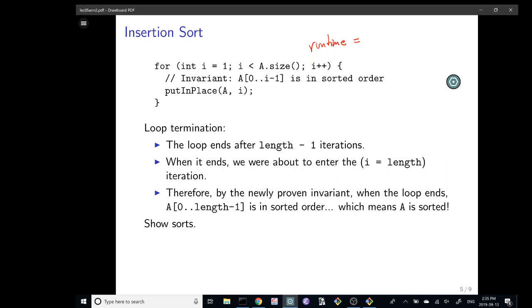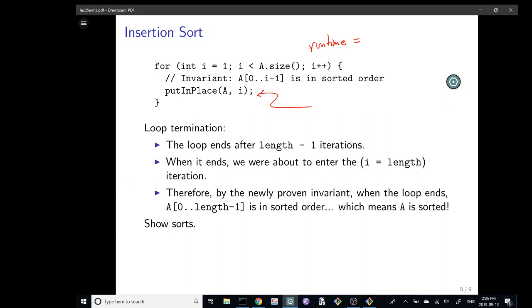How much time does put in place take? Order n, big O of n, if you want to be worst case over I, but in fact this is exactly where you can see why I wanted it parameterized by I. Because I know that when I hand it different values of I, it's actually going to be doing no more than I work. So when I is really small, like I is 1, it's blazingly fast to put in place.